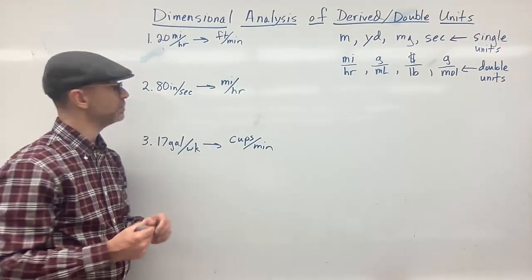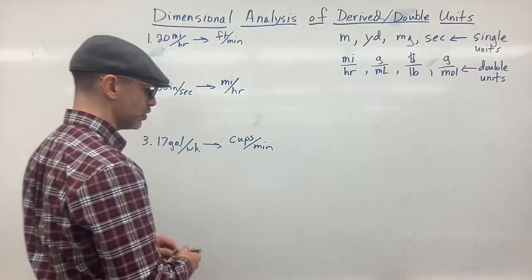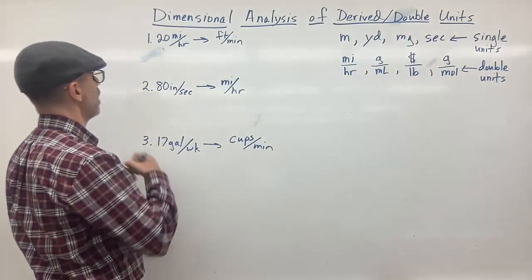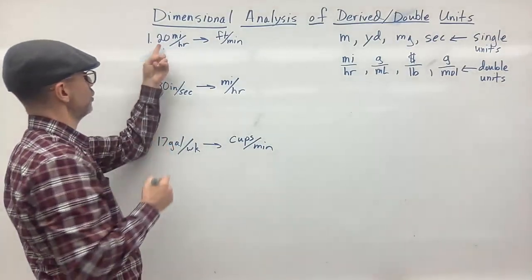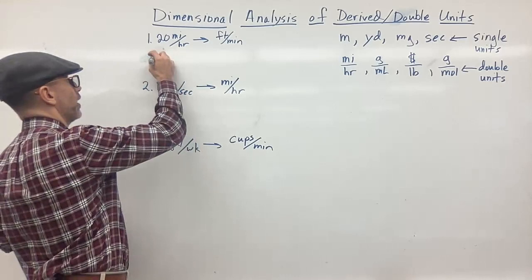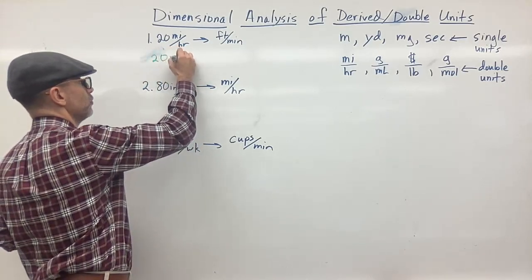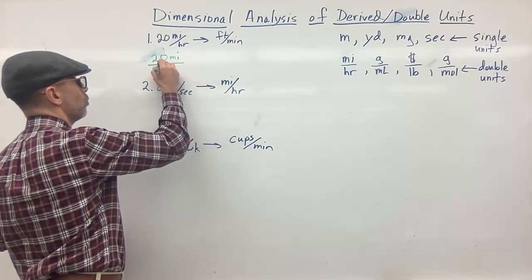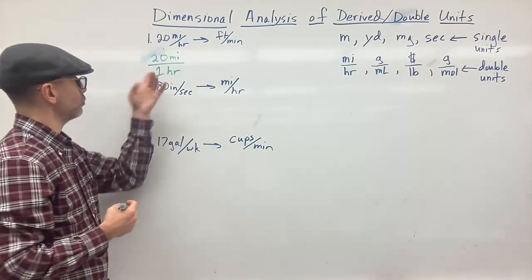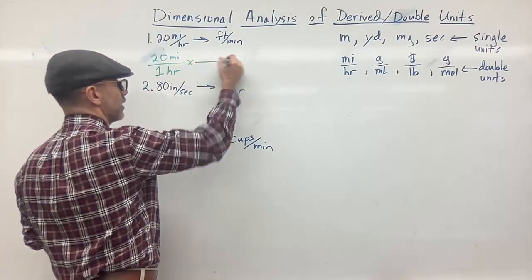So 20 miles per hour means that you've got 20 miles over 1 hour. That's what we're going to begin with, and we're going to multiply by our conversion factors.